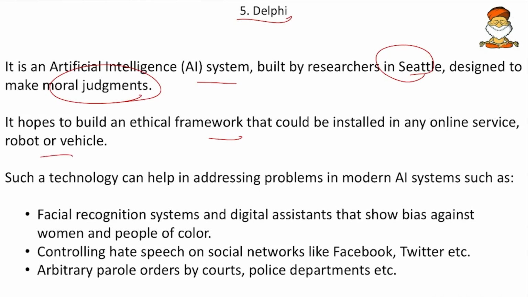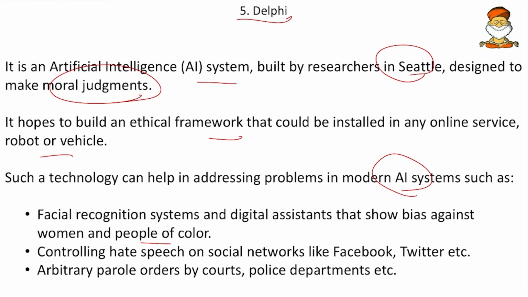So such a technology can help in addressing problems in modern artificial intelligence systems such as facial recognition systems and digital assistants that show bias against women and people of color. Yeah friends, whenever an artificial intelligence trained website is showing dark color as something inferior, that will be corrected by the Delphi technique.